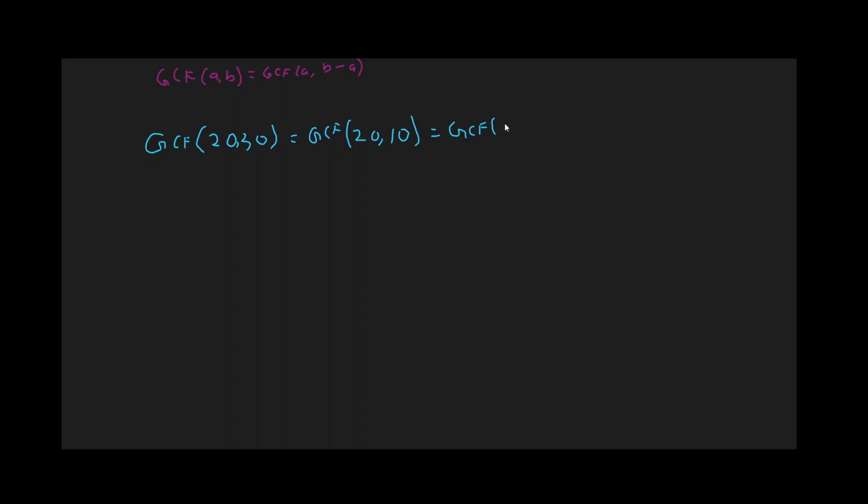Alright, let's do a more difficult example. Let's say we want to find the greatest common factor of 456 and 42.